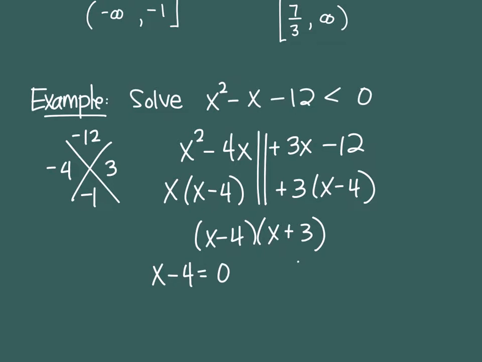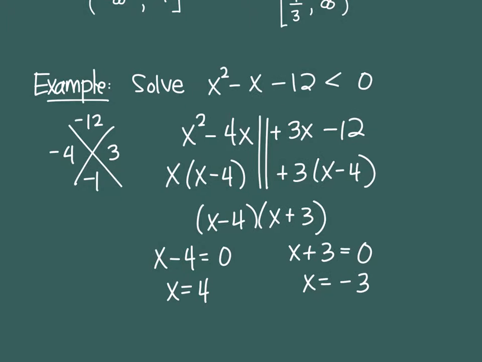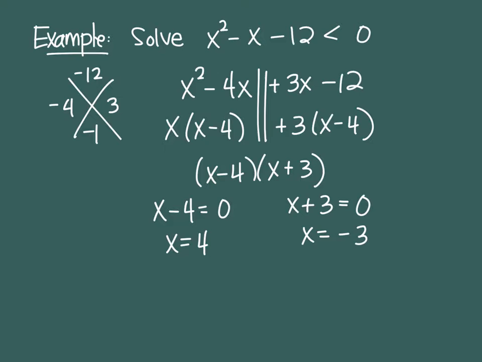So finish the factors by setting them equal to 0. So we're going to get positive 4 and negative 3. These are the numbers that go on your number line. 4 and negative 3. So finish the factors, put them on the number line.